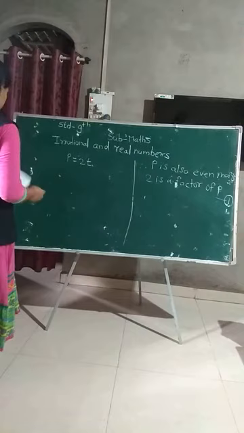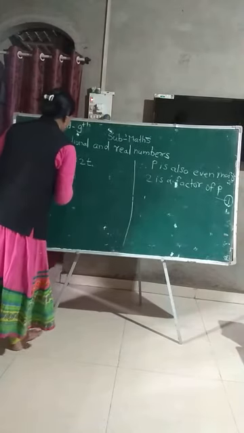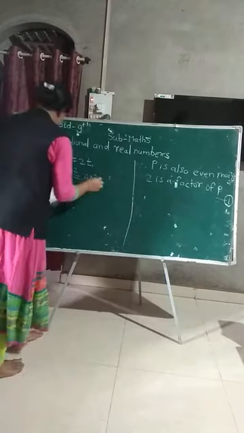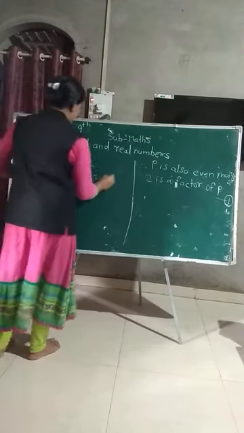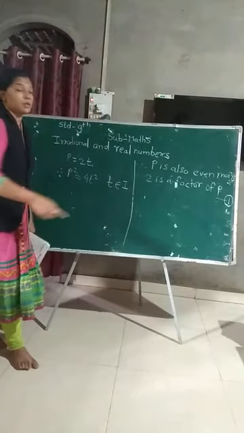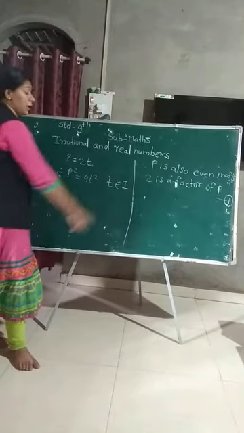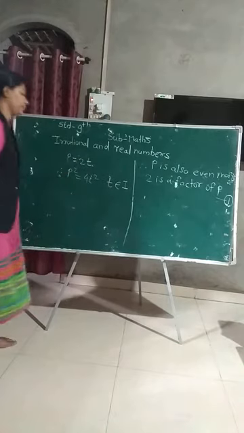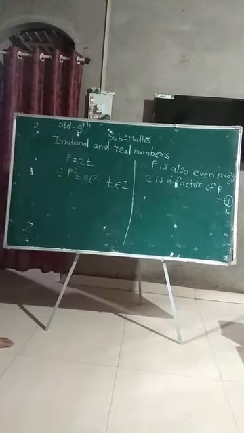Therefore p square is equal to 4t square, where t belongs to I, the set of integers. That is, t is any integer.